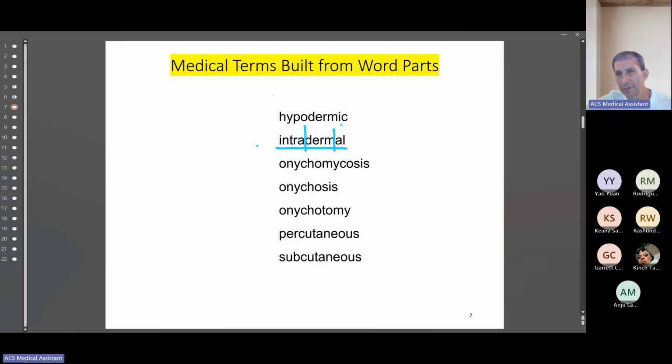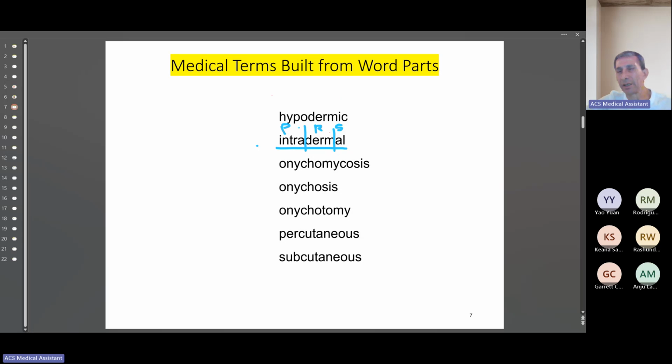So we have the suffix, we have the word root, and we have the prefix. Because intra means location. Derm is skin, inside, intra. Derm, skin, word root. And AL is the suffix, pertaining to. So we go pertaining to inside the skin. Pertaining to within the skin.